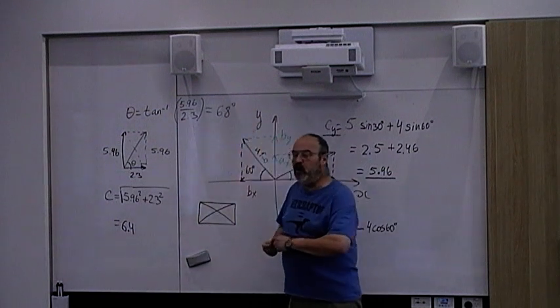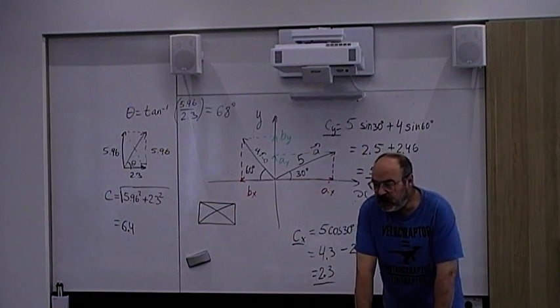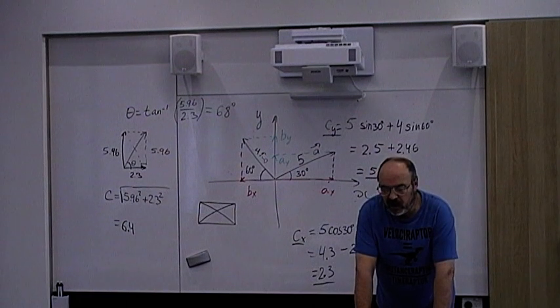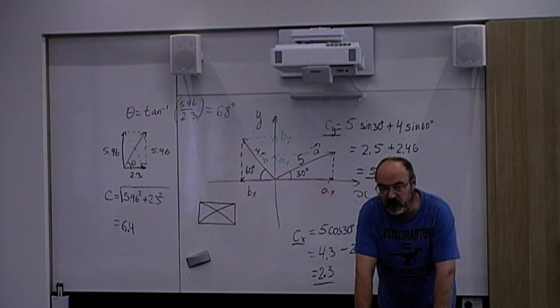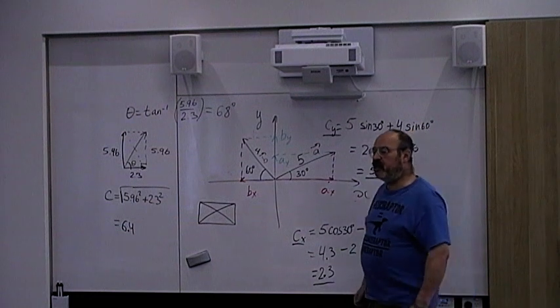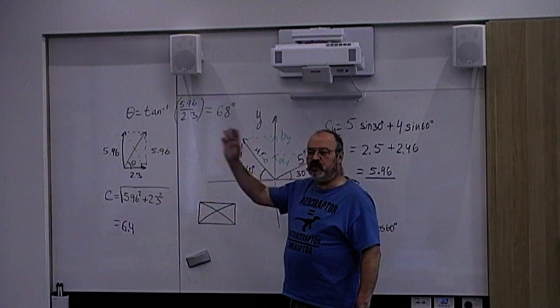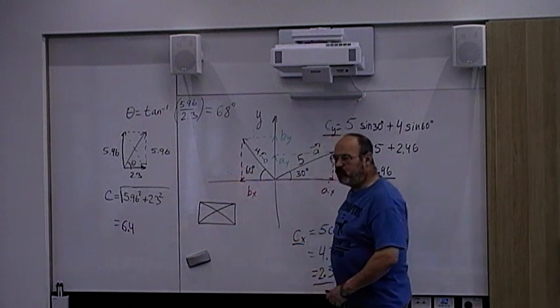Does that make sense, the procedure? Yes. Where will you need to use it? Not much in kinematics, but you might need to find total displacement, for example if a person walks 20 meters to the west and then 10 meters south.